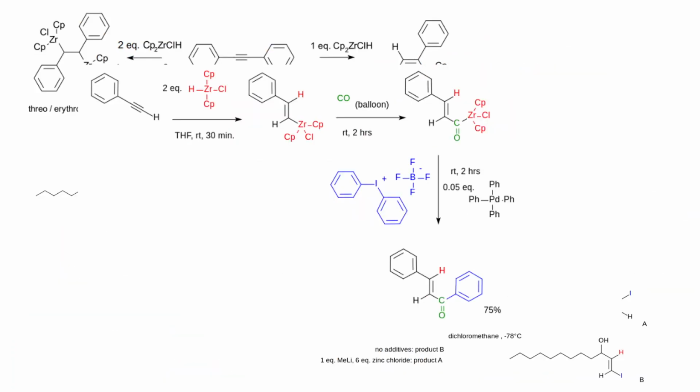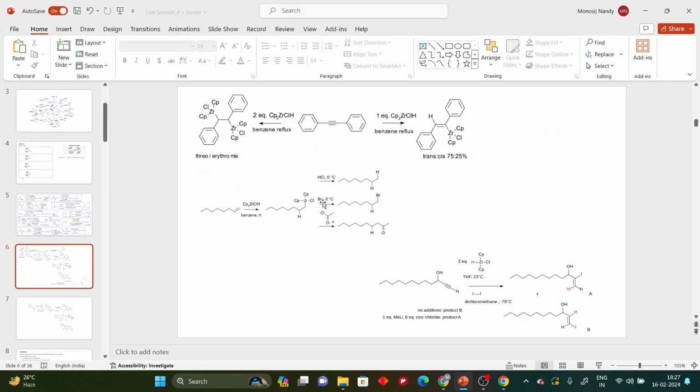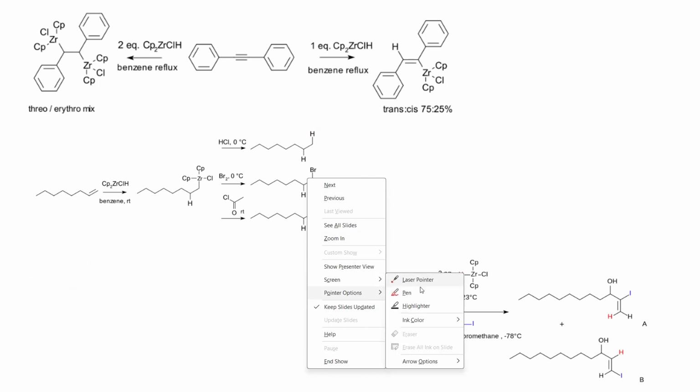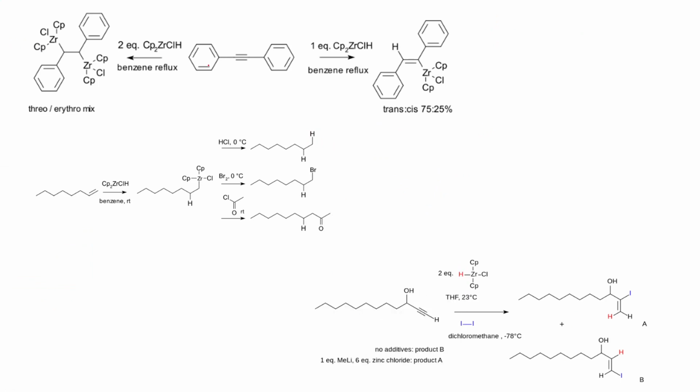And if you know the mechanism, here you can see in the presence of this reagent and this alkyne, at first, if you use two equivalents of this reagent, it gets reduced, you can say.